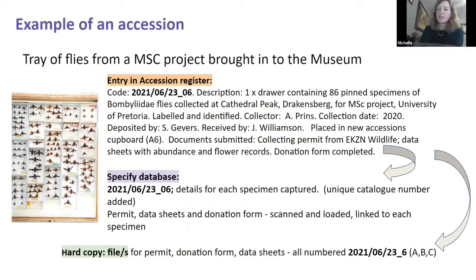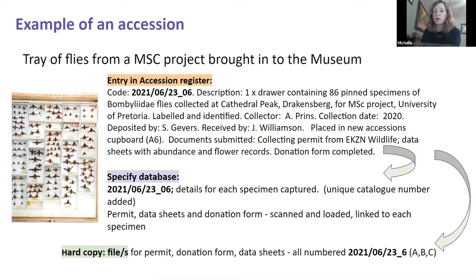Okay, thanks, Chanel. So yes, I put this together just to show what we're talking about with the accessions register, because I think there was a lot of discussion in the working group and quite a lot of confusion and debate and difficulty in separating what a catalogue book is and what an accession register is and what's recorded in the accession register.